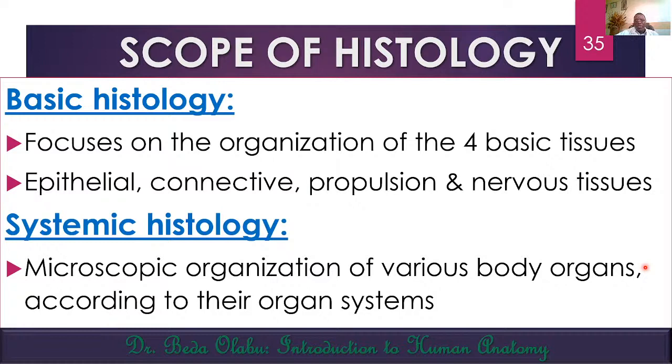So you look at the microscopic structure of the esophagus, stomach, liver, rectum, pancreas. So that becomes what we call systemic histology. You're looking at the histologic organization of different organs according to their organ systems.